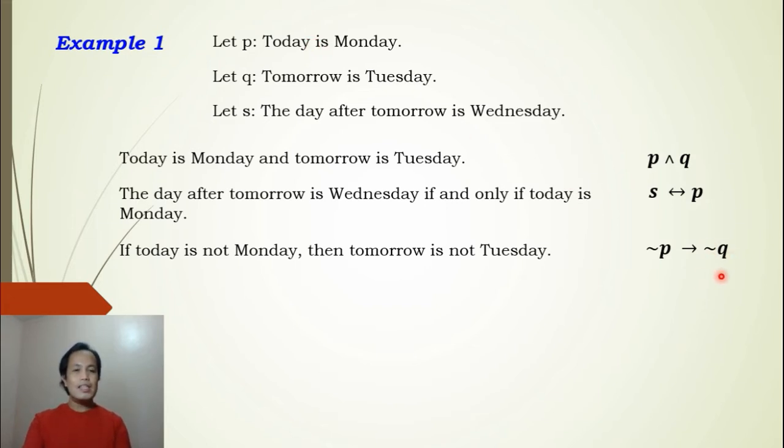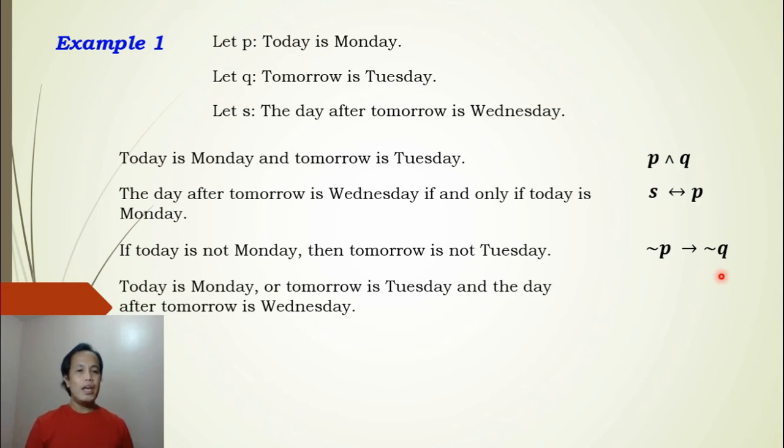Okay, next example. Today is Monday, or tomorrow is Tuesday, and the day after tomorrow is Wednesday. Again, this statement is a combination of a simple statement and a compound statement. As you have observed, the first statement, today is Monday, is our P, which is not negated. So this is P, then we have the comma.